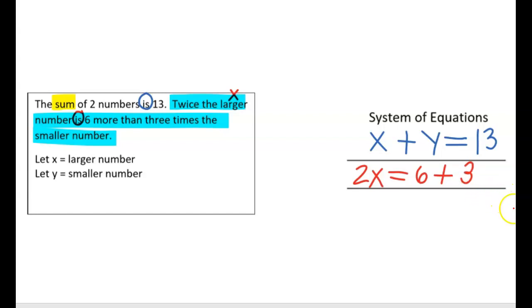What letter am I supposed to be using for the smaller number? Twice means multiply by 2. X is the larger number. Is the equal sign. 6 more means add 6. 3 times would be 3y, because when it's side by side like that without a sign in between, that means multiply. And times means multiply. Can you see how the words and the numbers go together?